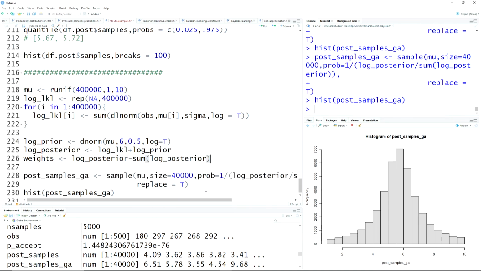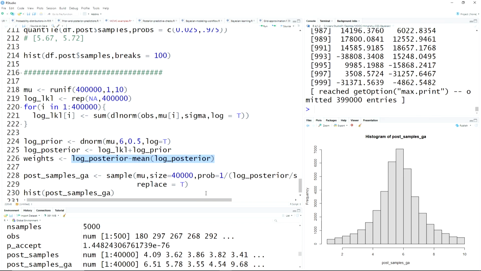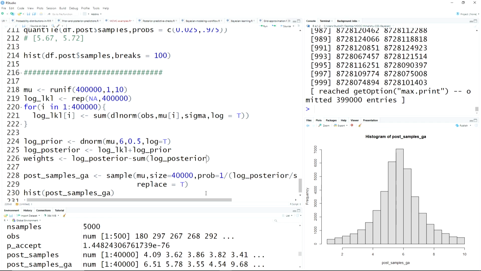So basically here what I'm doing is scaling them like this, and what would this do? No, it doesn't work.